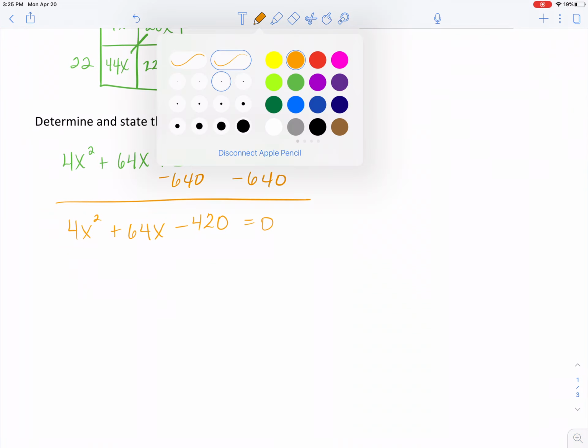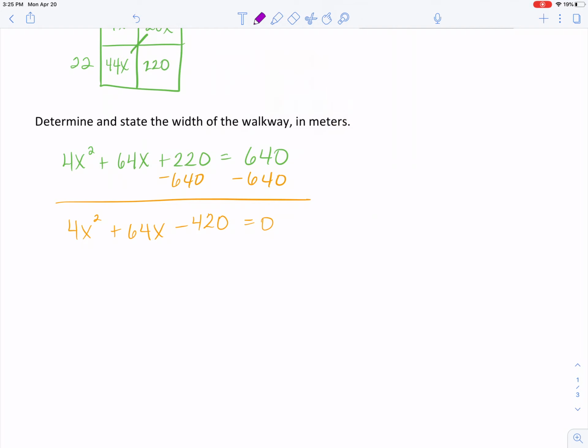Now we have a trinomial, 3 terms, with this 4 in front of it. However, if all the terms could be divided by 4, we could factor out that 4 to make it a trinomial with a leading coefficient of 1, which is much easier to factor.